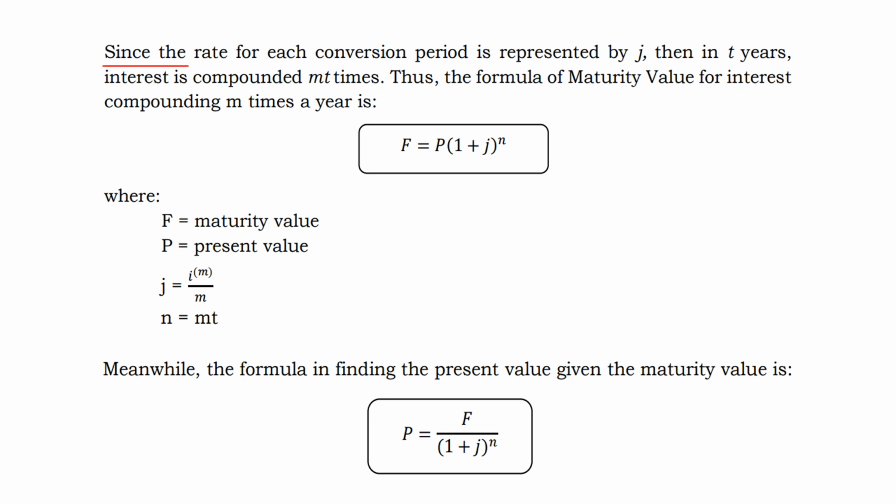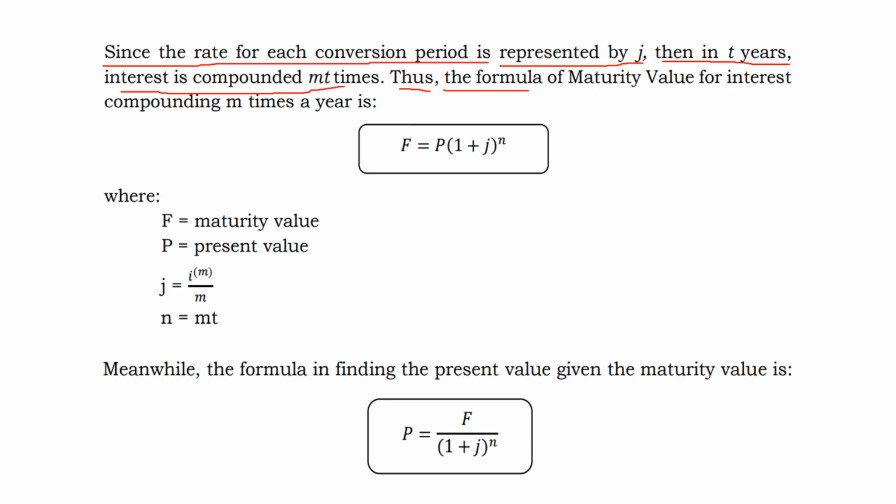Since the rate for each conversion period is represented by j, then in t years, interest is compounded m multiplied by t times.